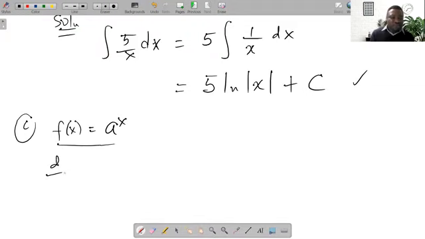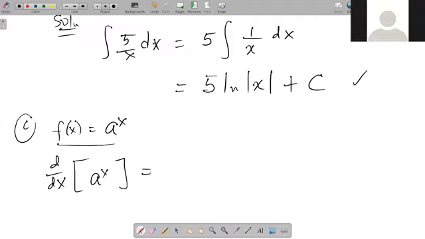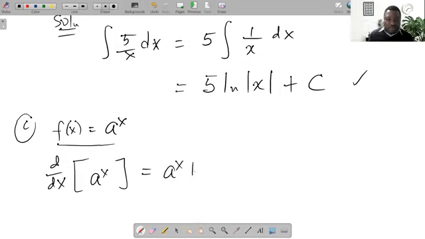If I ask you to find the d/dx of a to the x, what is the derivative? A to the x times the natural log of a. Okay, so that will look like this.